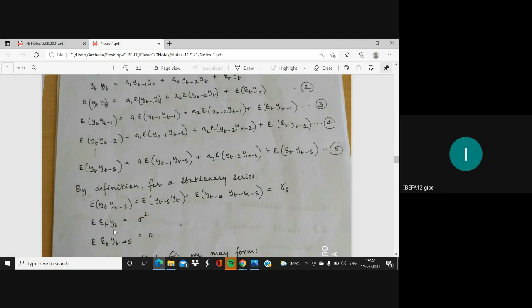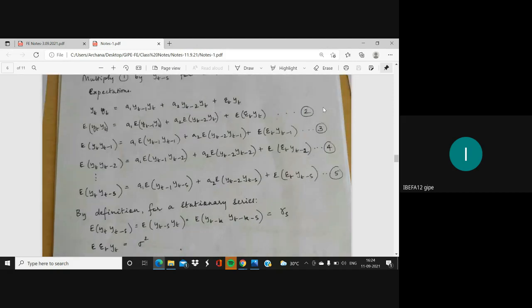Now the variance of et is equal to sigma square itself, and yt also has a variance of sigma square. Okay, so generally if you take expectation et yt, you will get sigma square. Now expectation et yt minus s is equal to 0.